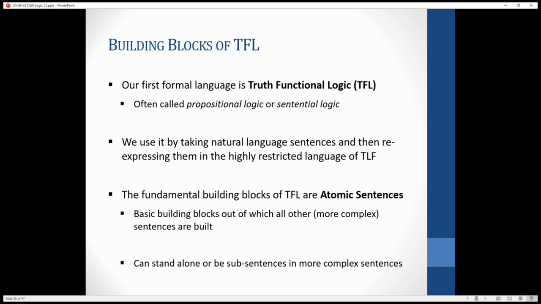So our first formal language is going to be TFL, truth functional logic, often called propositional or sentential. We use it by taking natural language sentences and arguments and extracting the kind of structures, putting them into this highly restricted language. The fundamental building blocks here are what we'll call atomic sentences. These are, if you like, the one-by-one Lego that everything else is going to get built out of.